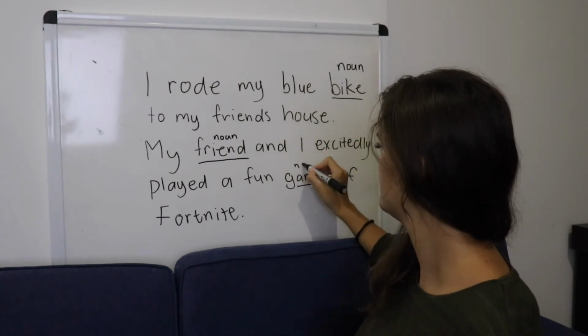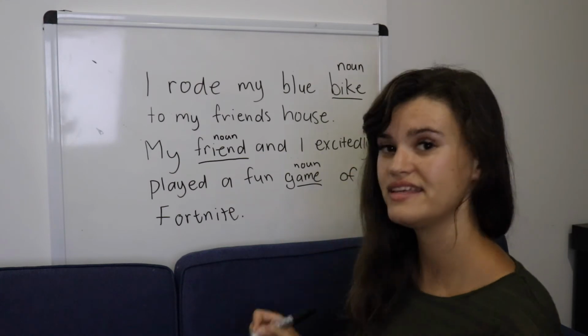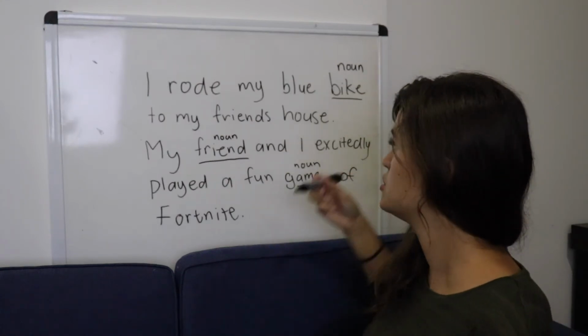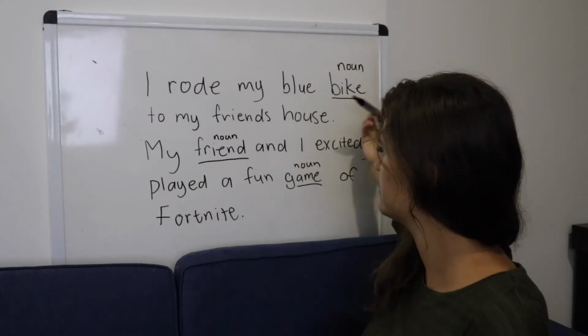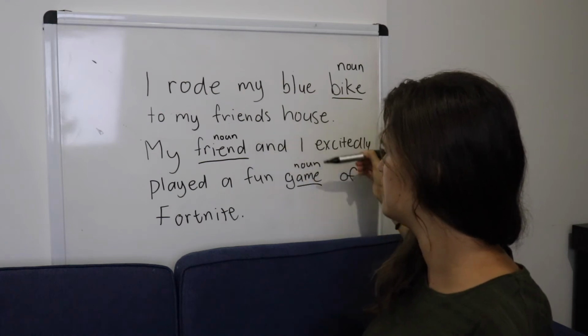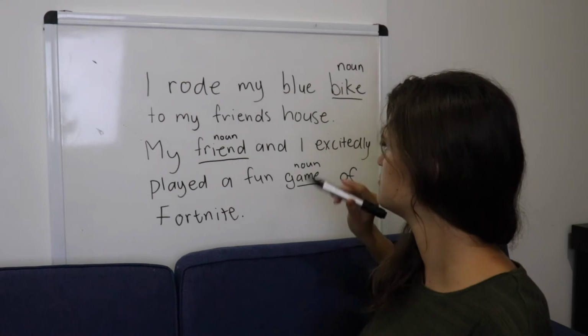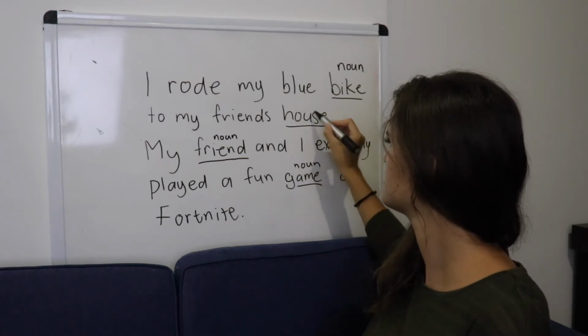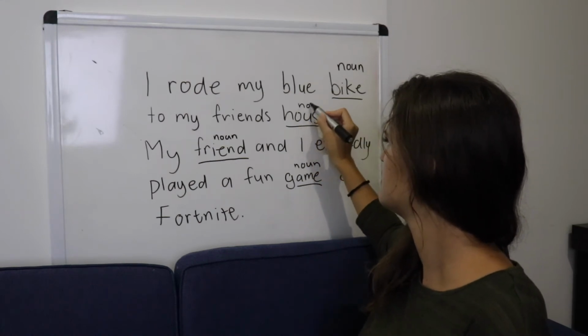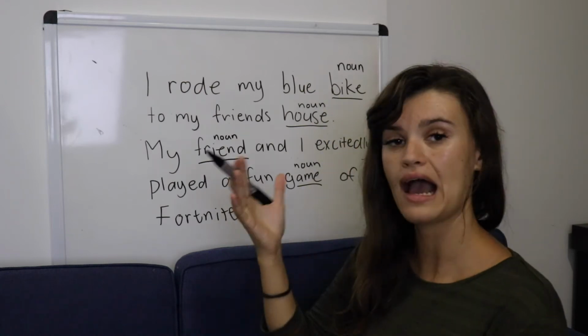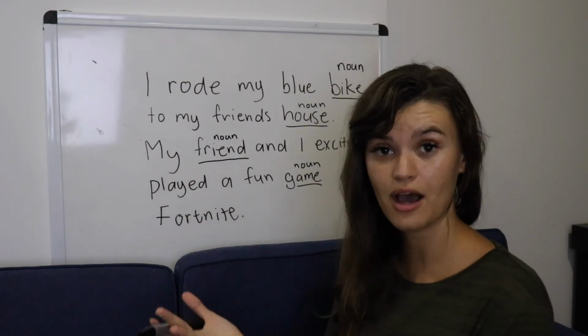Game is another noun. So we have bike, friend, game. What is another noun? House. House is also a noun.